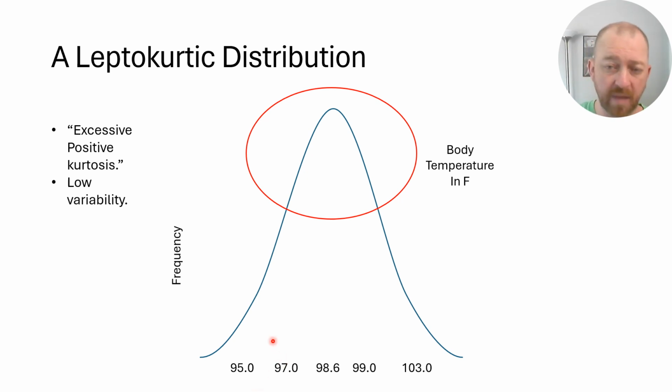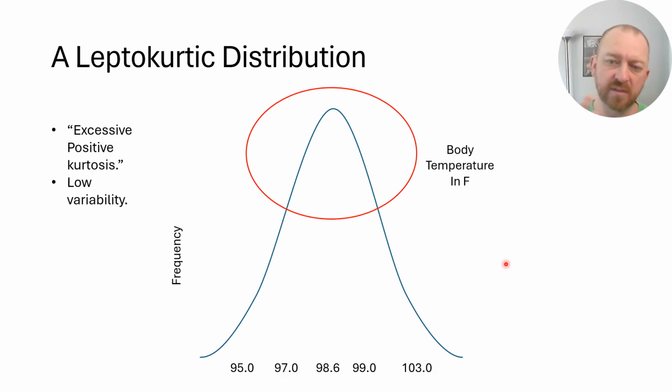Well, of course, we know average body temperature is about 98.6 degrees Fahrenheit, and it turns out that you can't vary from that very far and still be healthy. So we'd very likely see something like this, where most people are very close to 98.6. It's pretty normal also to find people up to as much as 99 degrees Fahrenheit and as low as 97 degrees Fahrenheit at any given moment, and they're perfectly healthy.